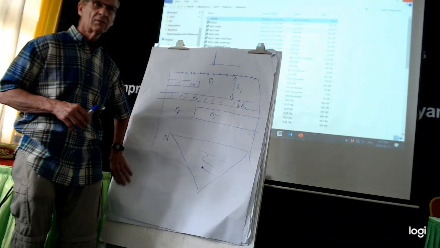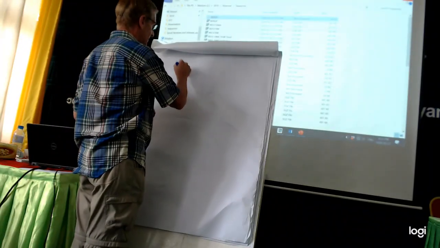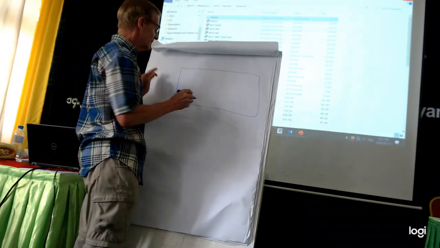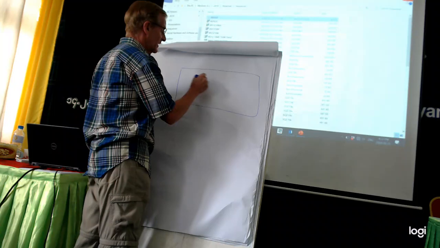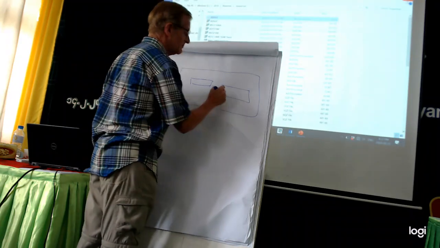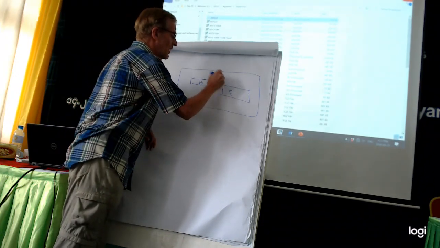Right, so is that clear? So here's our Earth, right? And now we're going to put in, you know, maybe some blocks here, like that. So 1, 2, right? Okay.